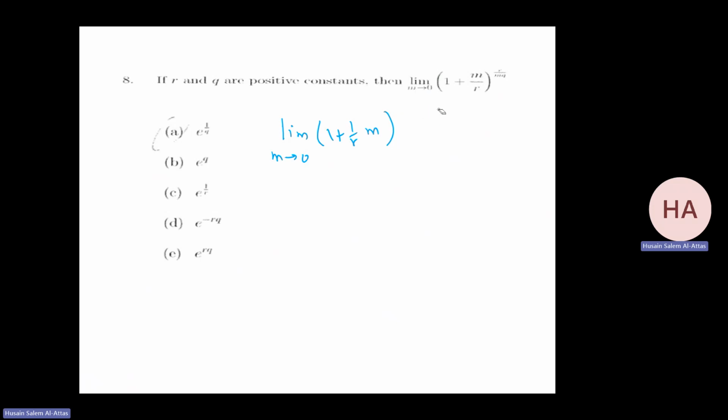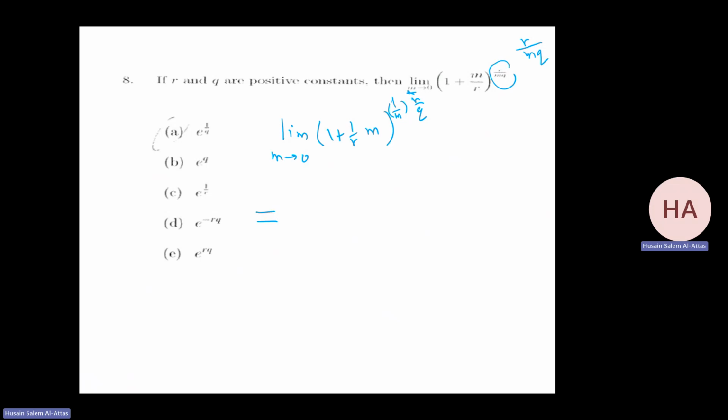I need m, I'm talking about m. My variable is m. So this is r over mq, so I have 1 over m times r over q.